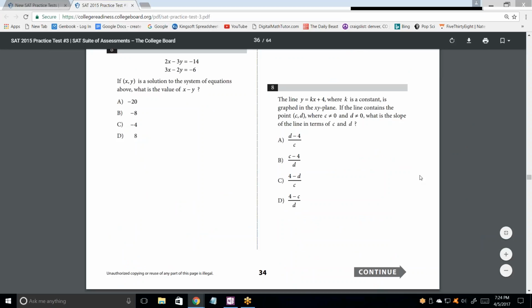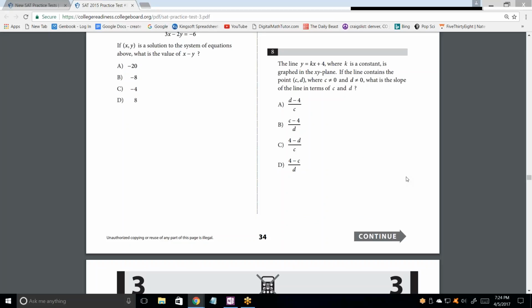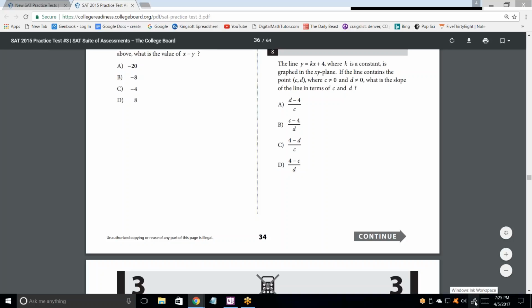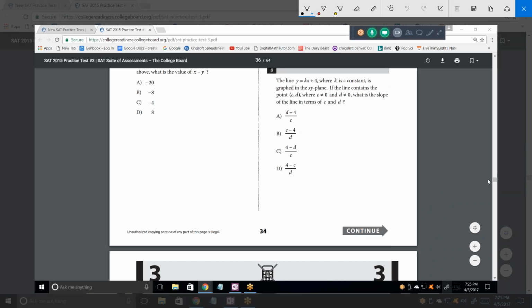Number 8. Again, let's draw a picture. A picture can be illuminating on these.